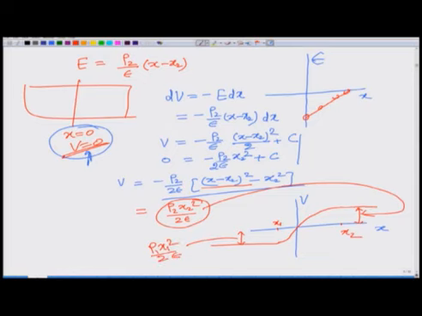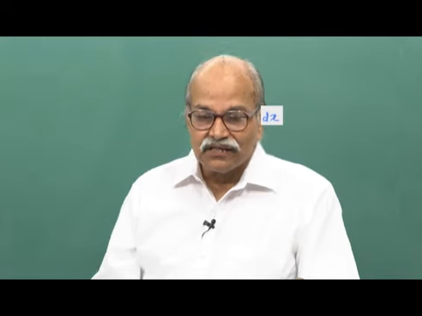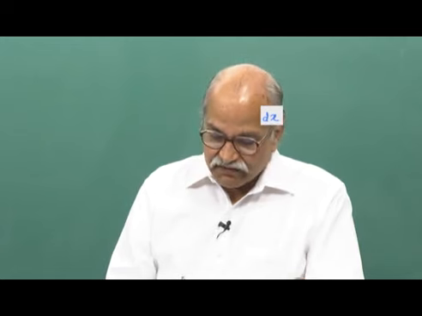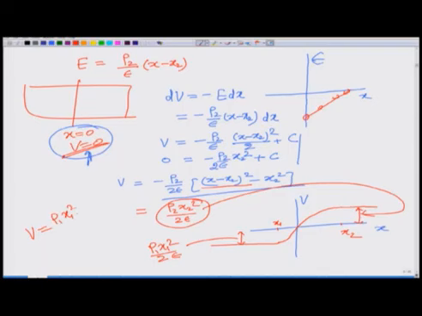Just like here it is rho 2 x 2 square, same algebra, everything same. How much is the total difference in potential? That total difference in potential will be rho 1 x 1 square plus rho 2 x 2 square, divided by 2 epsilon. So, this is how the potential will vary in this p-n junction.